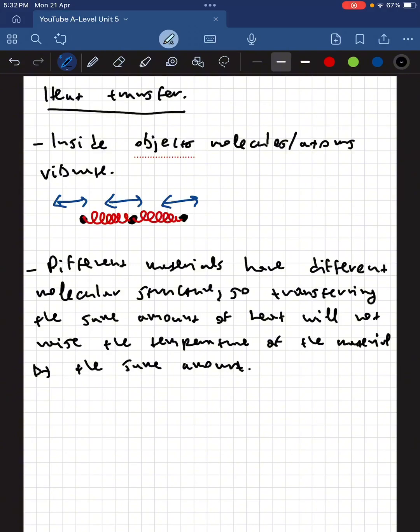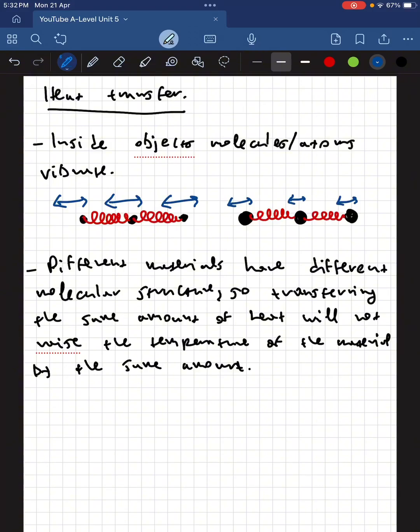What I'm trying to say is, if this spring abstraction is how things behave internally, and I have larger atoms of a different substance connected by the same springs, and I give the same amount of energy, which is what heat is, to these larger and heavier molecules, the whole thing is going to move by a little.